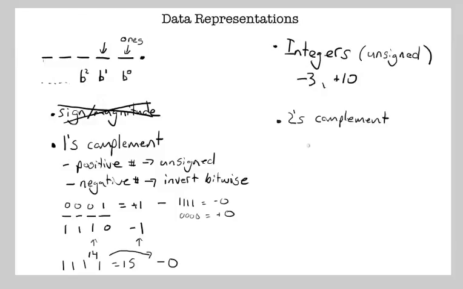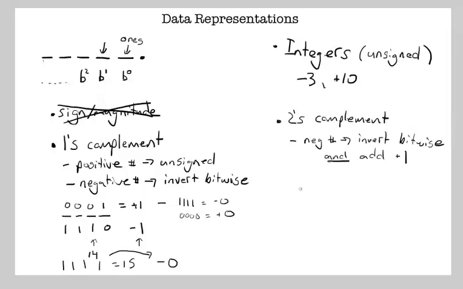So twos complement arithmetic is almost like ones complement, but the process for getting a negative number is, instead of just strictly inverting bitwise, you invert bitwise and then you add 1. So let's see how this works.